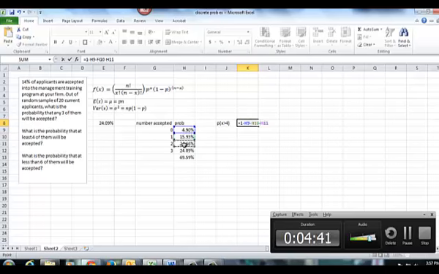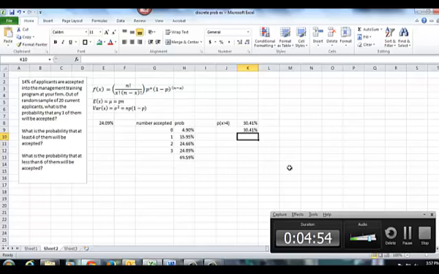Or I could just add them up and subtract that. So 30.14%. Note that's the same as saying 1 minus this. It's going to give me that same number, however you want to do it.